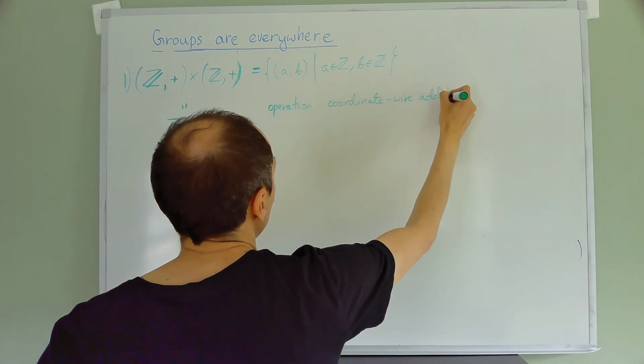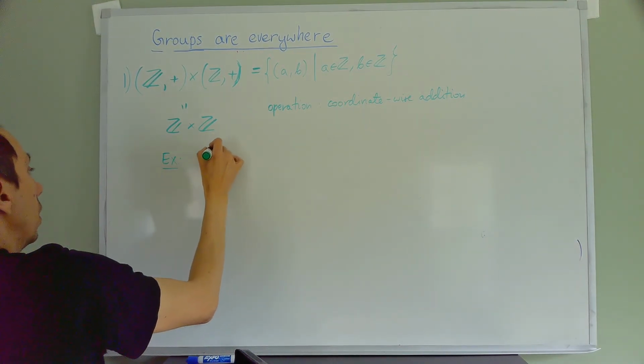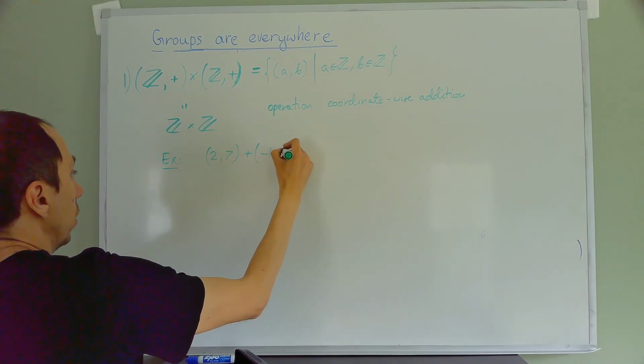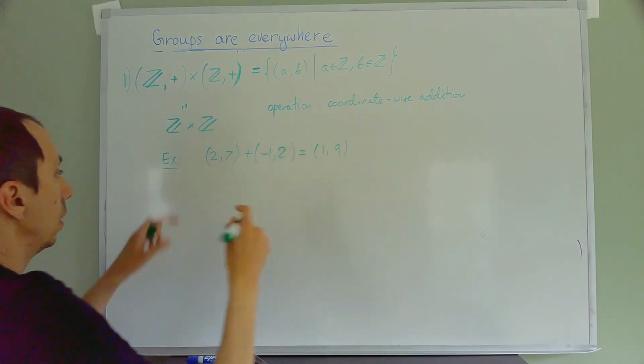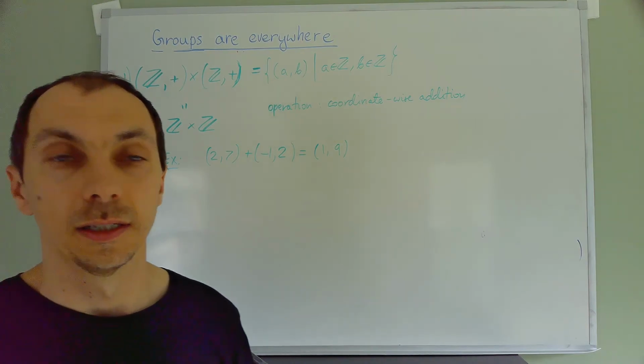So in particular, for example, (7, 2) plus (-1, 2) would be (6, 4). I add these two and I add these two and I get that.